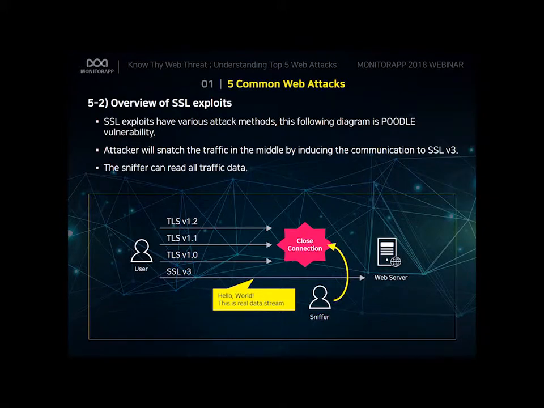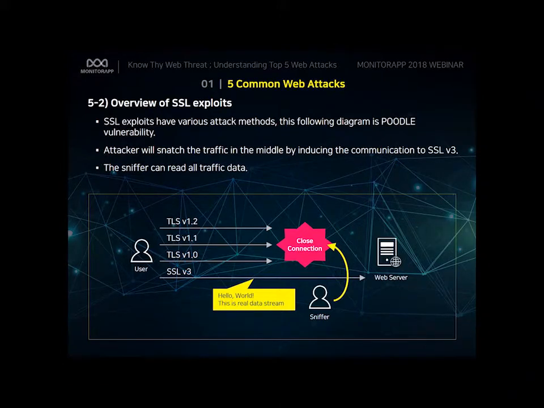The most secure communication among SSL communication is TLS version 1.2, then TLS version 1.1, TLS version 1.0, and SSL version 3, in that order. A typical computer tries to communicate starting from TLS version 1.2, which is the highest and the safest communication. If the communication fails, it will automatically attempt to communicate with a lower version.